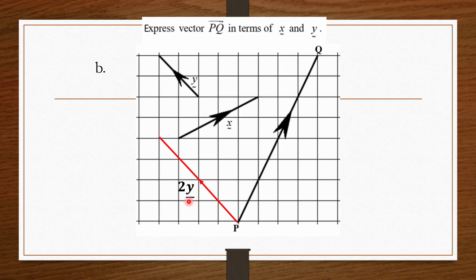Since the 2y is parallel to the given vector y, therefore it is positive 2y. Next, you go up, vector x 1, vector x 2. It is parallel to vector x, therefore it is positive 2x. Therefore, the resultant vector PQ is 2x plus 2y.